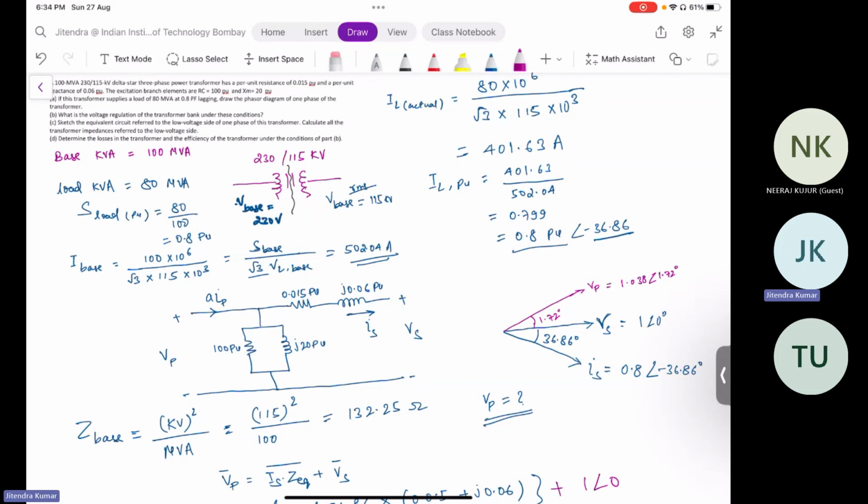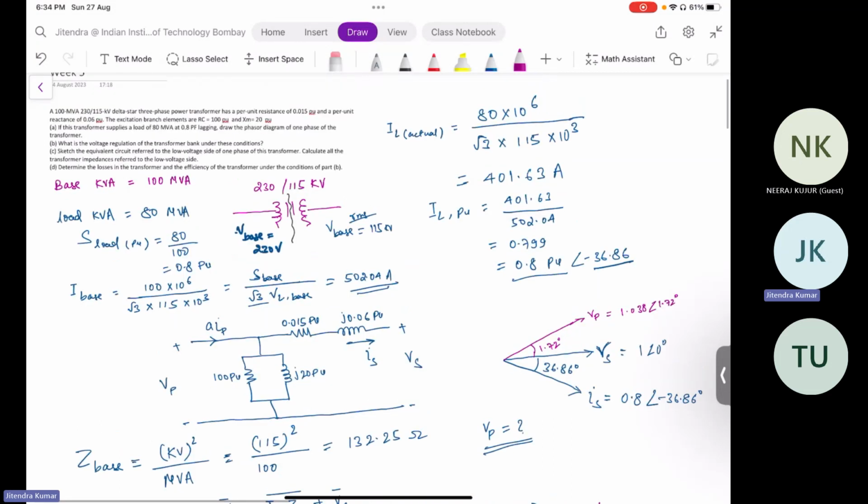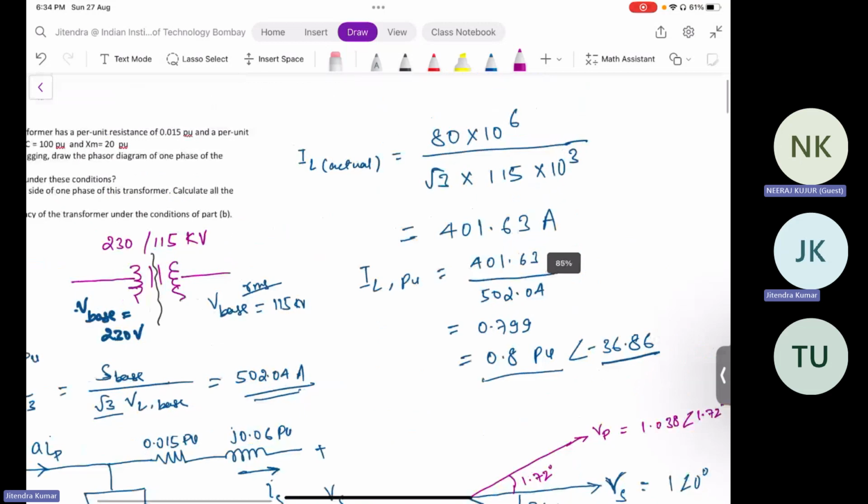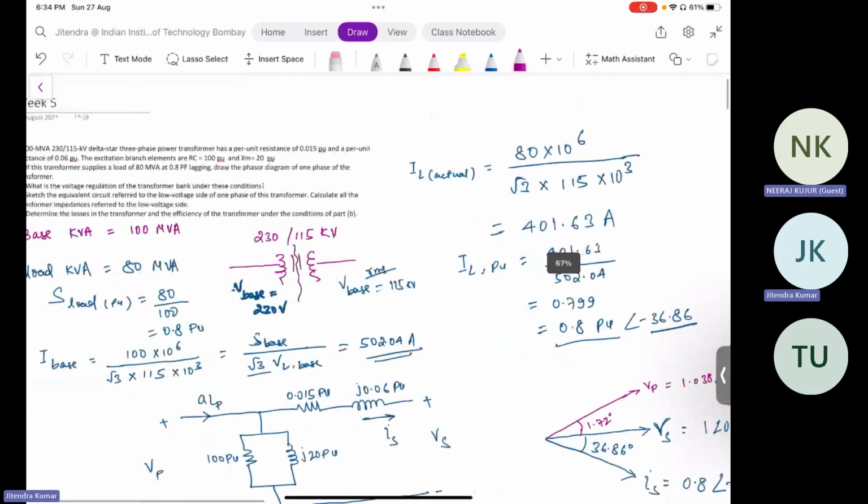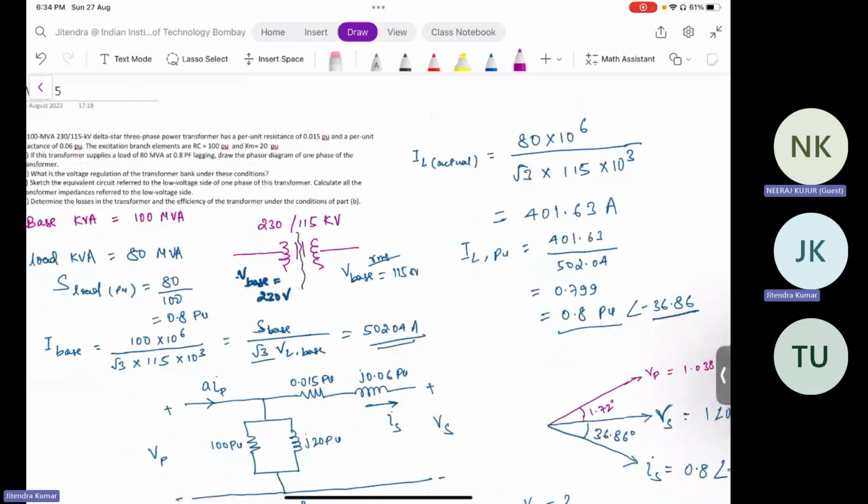Okay, so see. Sir, you have said once there is a shortcut. We will use the per unit MVA value and per unit voltage value to calculate the load current in per unit. Yes, yes. So there we have ignored the factor of root 3, sir.